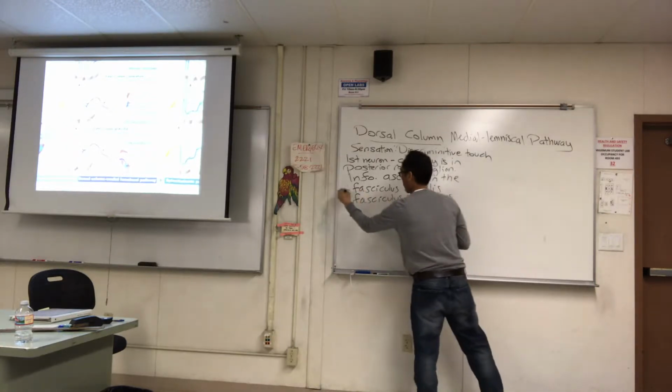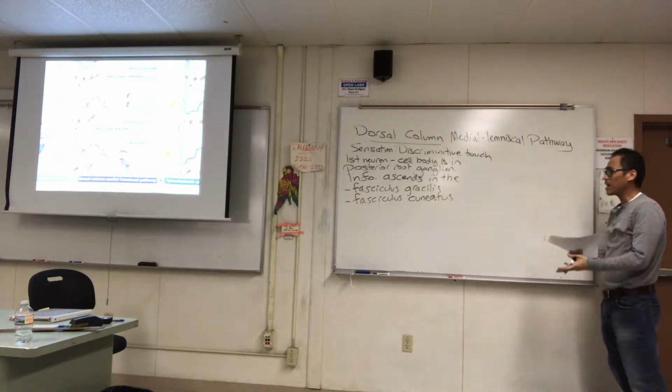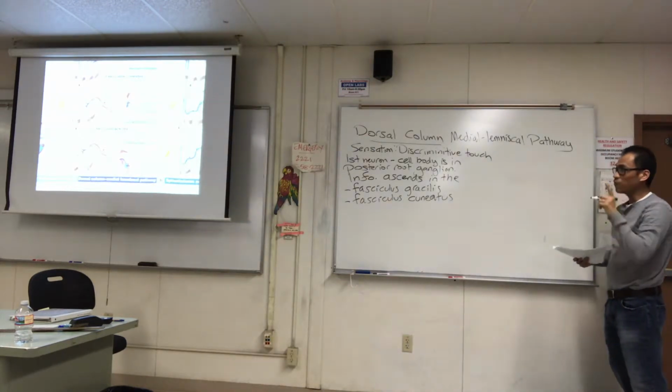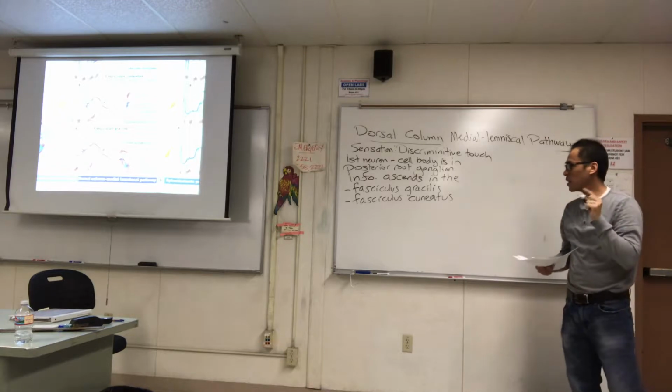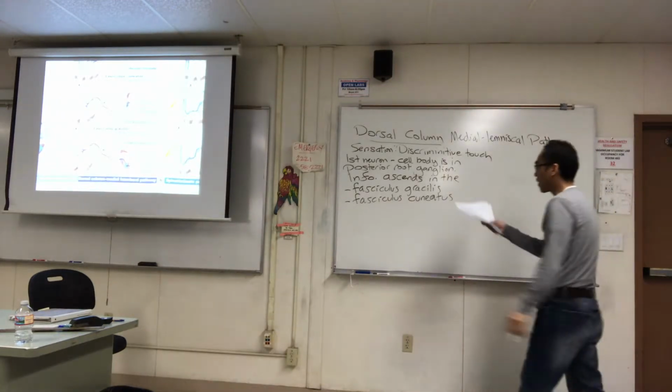One of those two. Those fancy names are in the dorsal region. And the information has not crossed over yet, so the information ascends in these areas ipsilateral. I'll write that here.